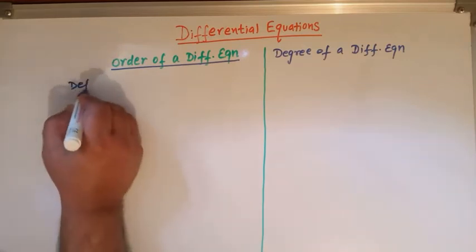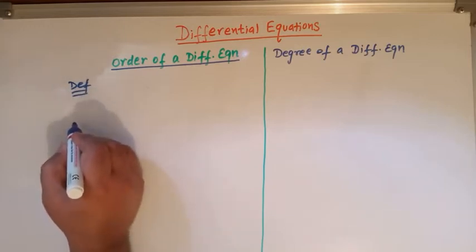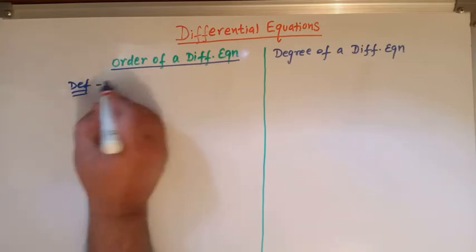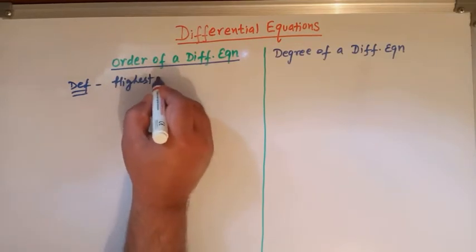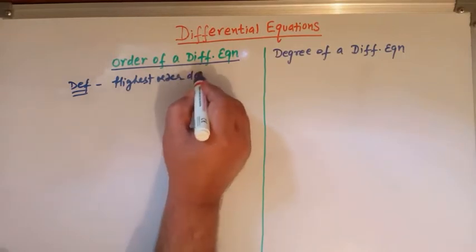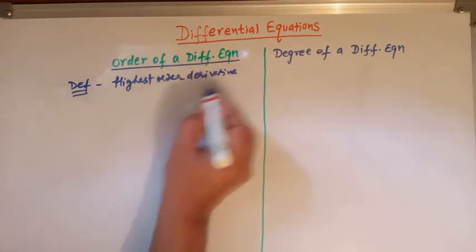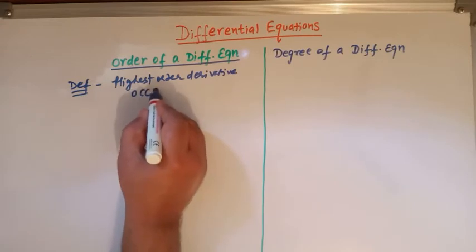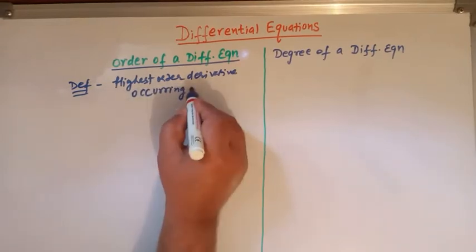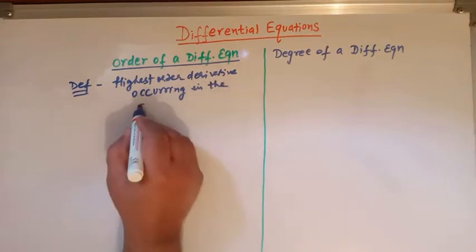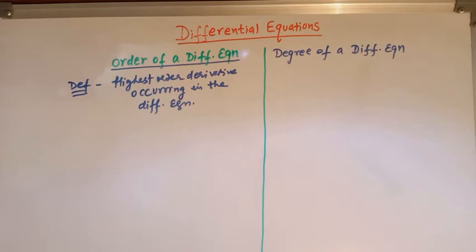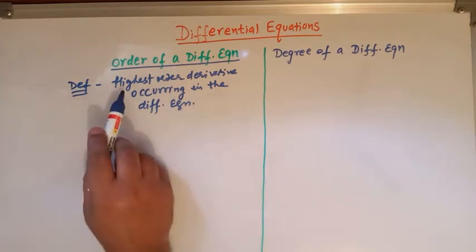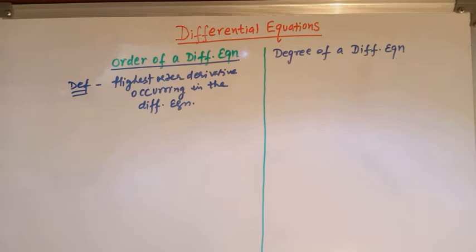The order of a differential equation is the order of the highest order derivative occurring in the differential equation. So what is the order of a differential equation? Order of a differential equation is the highest order derivative occurring in the differential equation.